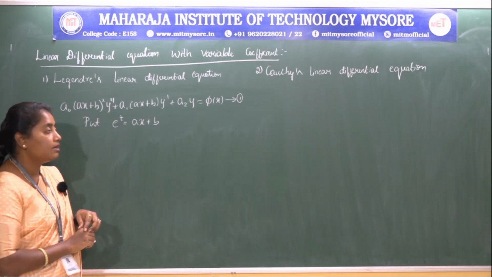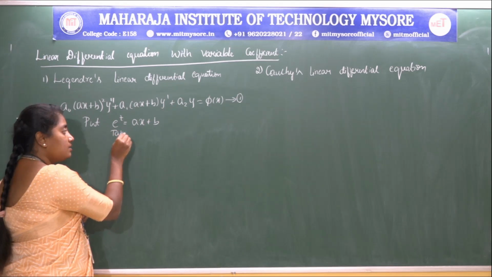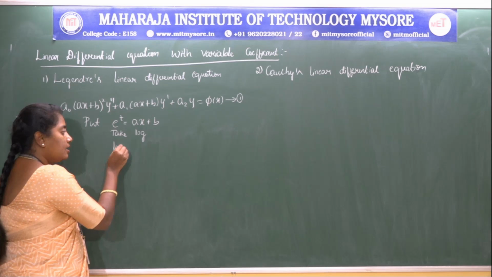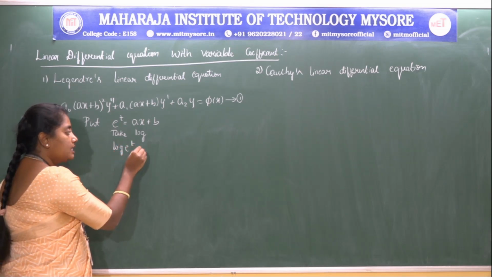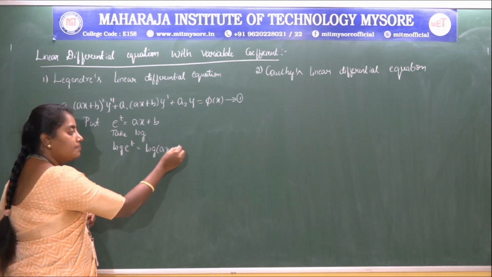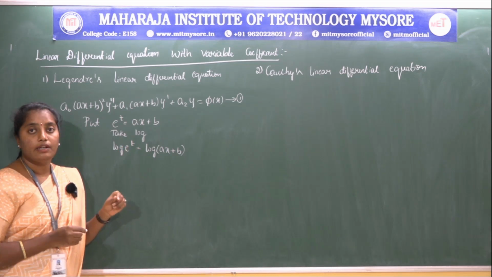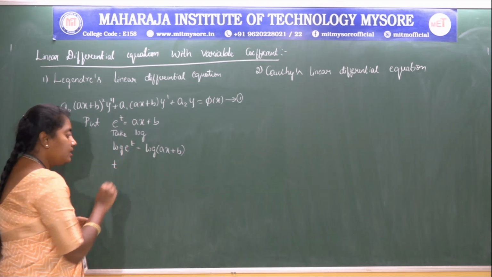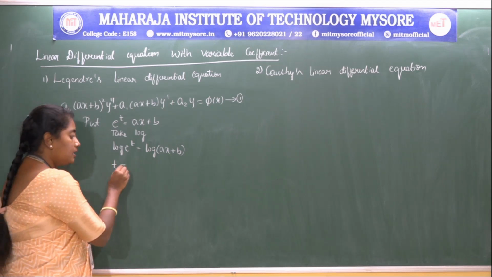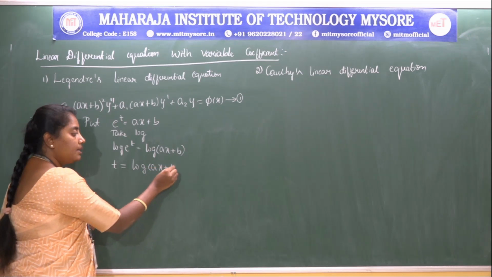By taking log on both sides, we get log of e power t is equal to log of ax plus b, where the value of log of e power t is t. So t is equal to log of ax plus b.